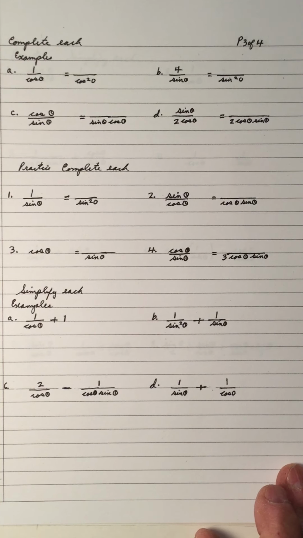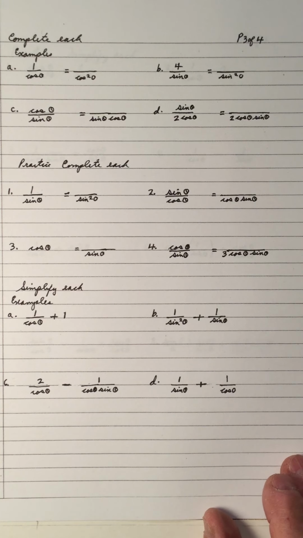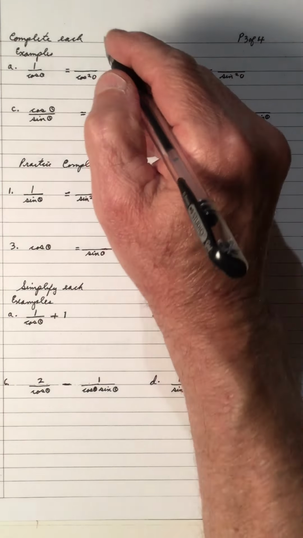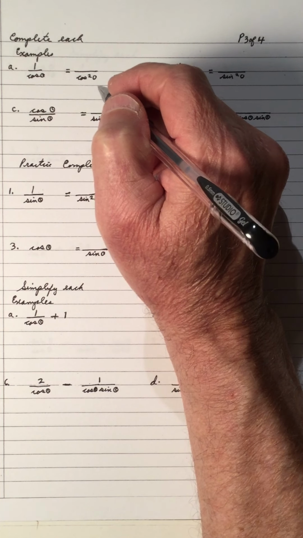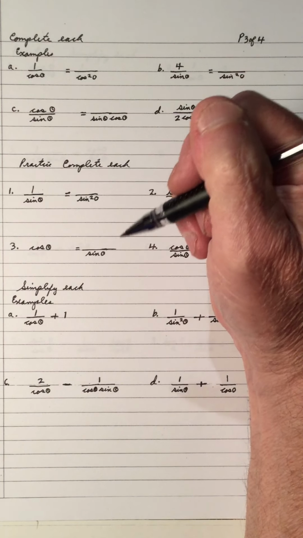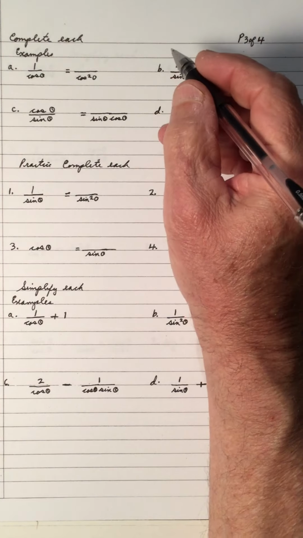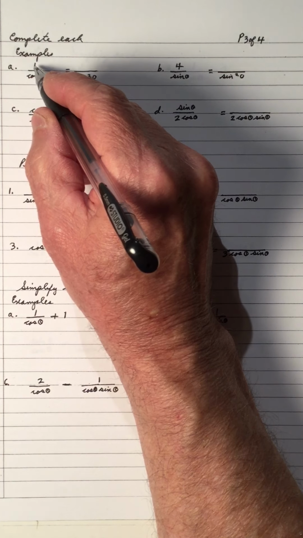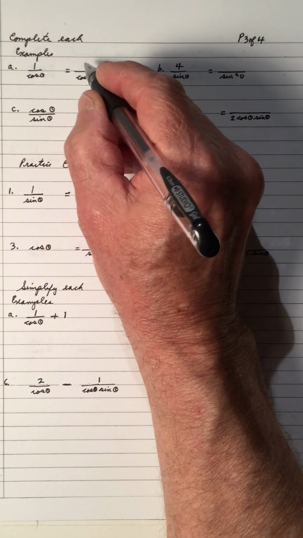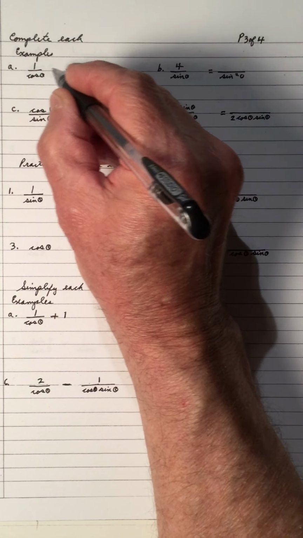Now, another part of adding fractions or rational expressions, which is the same as with integers or in algebra, is that we need equivalent fractions, because if we have two fractions that have different denominators, we need to make them with the same denominator. So let's have a bit of fun. 1 over cos theta and 1 over cos squared theta: what do we need to put on top of cos theta to make them equivalent?